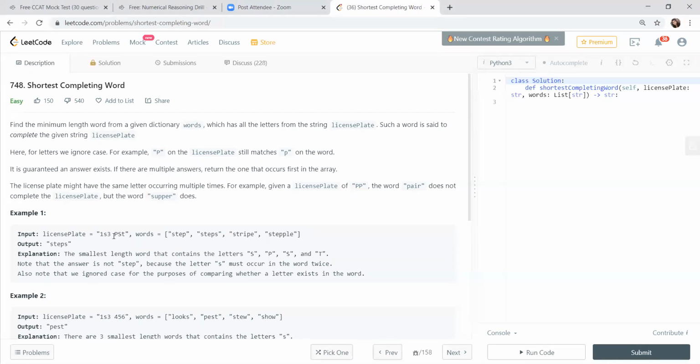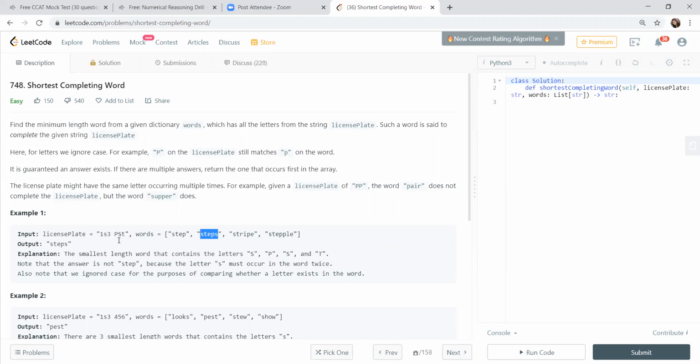We need to see which characters of this string are present in any of the words, and whichever word is the shortest one that covers the string, that word is the answer.